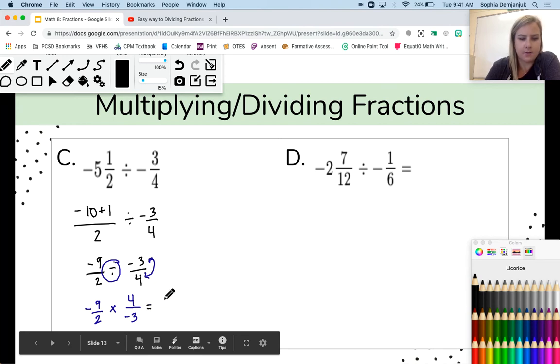Negative 9 times 4 gives me negative 36. Multiply across the bottom. 2 times negative 3 gives me negative 6. Negative 36 divided by 6, these are actually both divisible by 6, and dividing two negative numbers turns into positive. You'll get 6 over 1, which is the same thing as just 6.